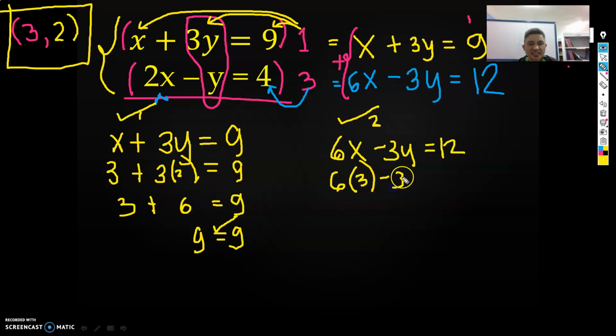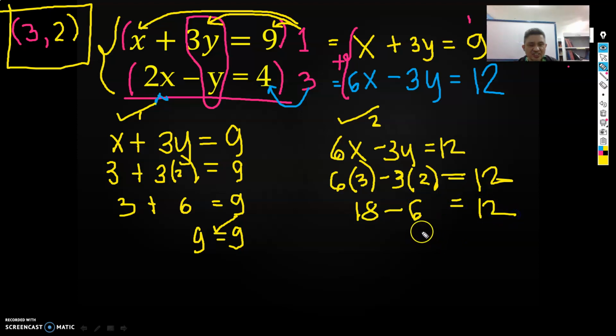So this is 6 times 3, 6, 12, 18, minus 3 times 2 is 6 is equals to 12. So, therefore, 18 minus 6 is 12. So, equal pa rin siya. So, therefore, tama yung ating solution. So, this is example number 1 under elimination method case number 3.